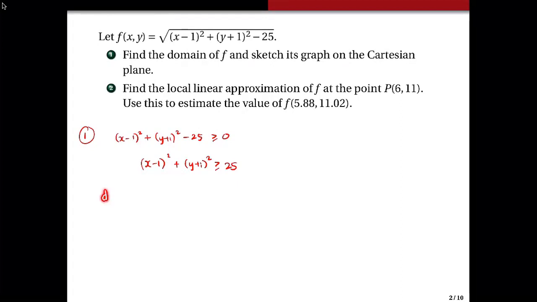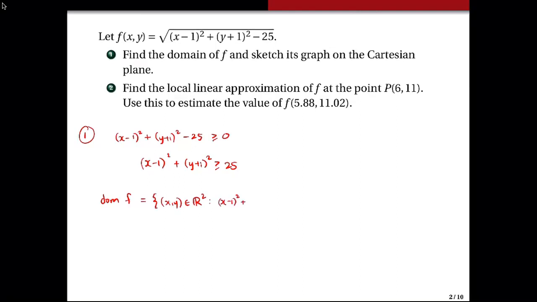So in here, you have a circle. So let's just write it here. The domain of f is equal to the set of (x, y) in R2 such that (x minus 1) squared plus (y plus 1) squared is greater than or equal to 25.